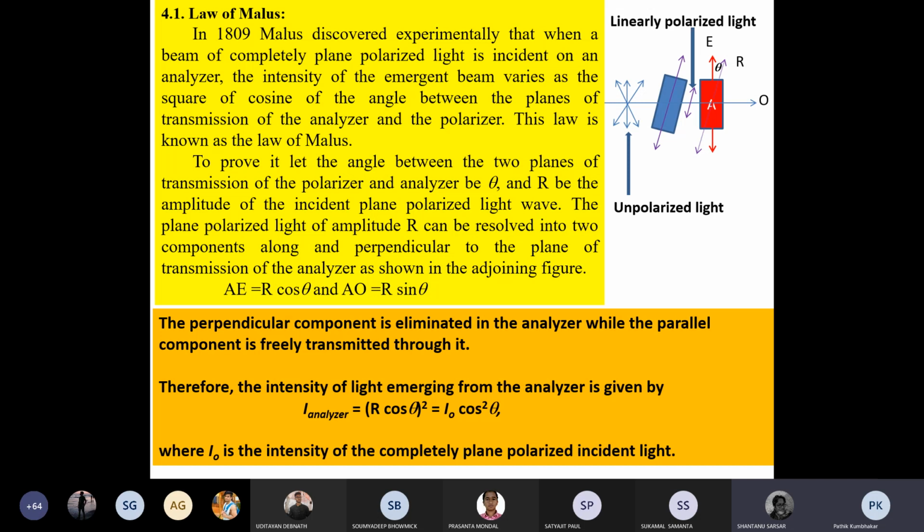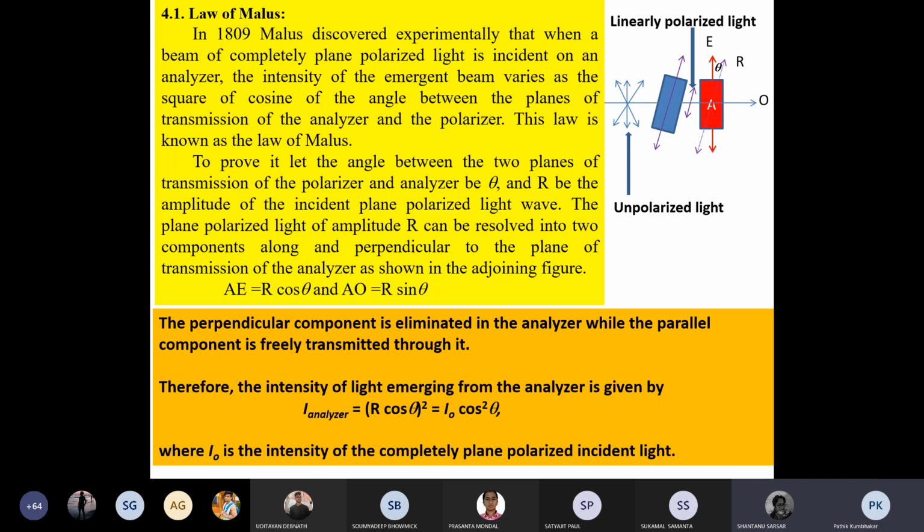So please remember, in Malus's law, you incident a polarized light on the analyzer, not an unpolarized light. Unpolarized light has to be polarized by the linear polarizer, and then this light is incident on the analyzer.